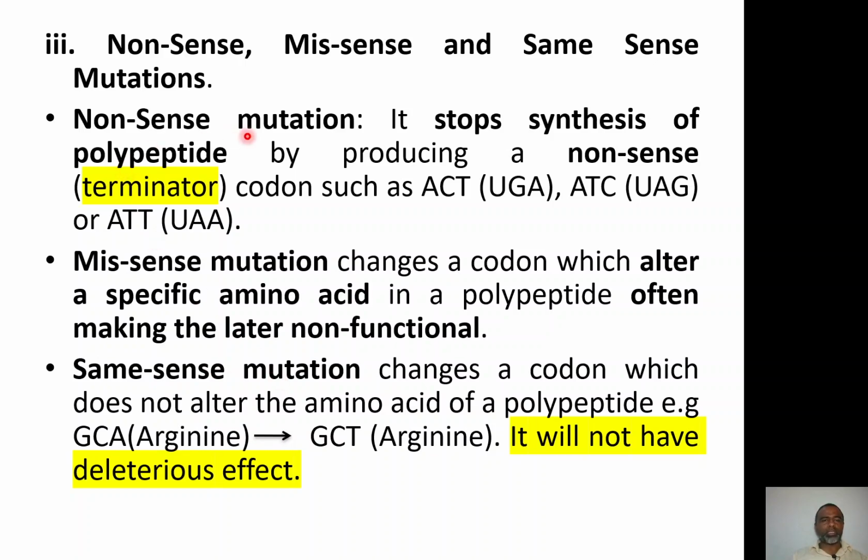So, nonsense mutation will terminate the translation in between, it will not lead to the translation of the whole of the messenger RNA into a complete polypeptide chain.